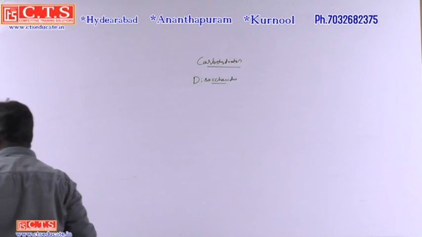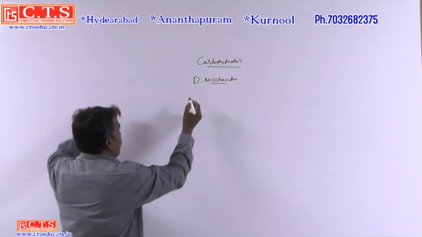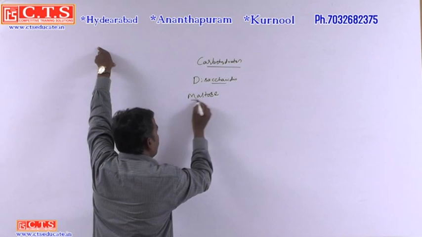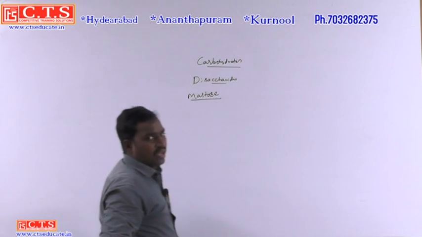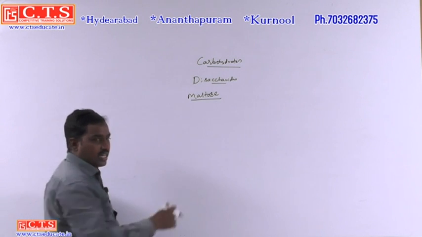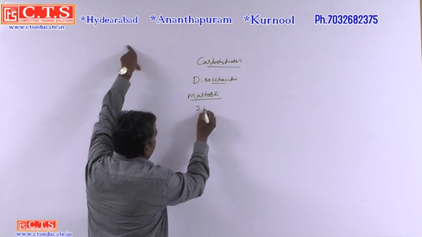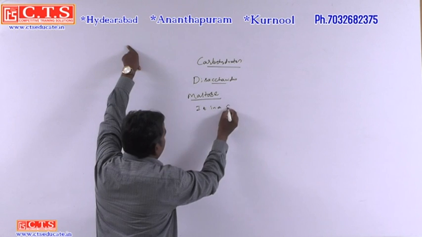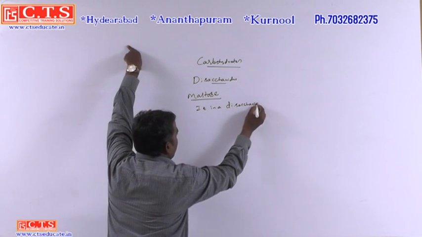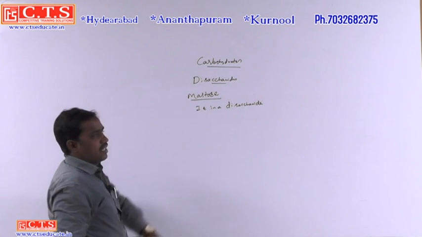Next disaccharide name is maltose. Okay, it is a disaccharide.